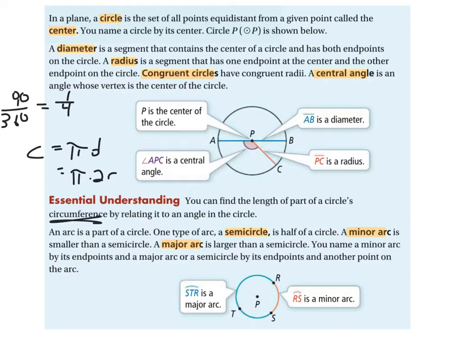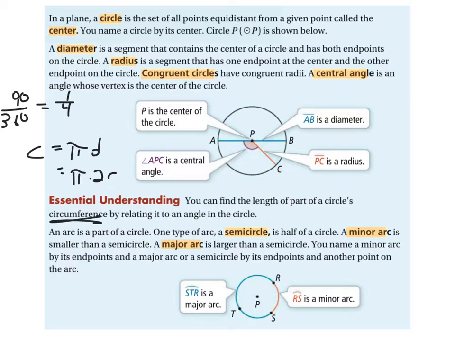Sum it up. Center of a circle: all distances from that center to the edge are called radii, and if you go from one side to the other through the center, that's the diameter. Congruent circles have congruent radii, they're the same size, and a central angle is formed from the circle to the vertex at the center and then to the other edge.